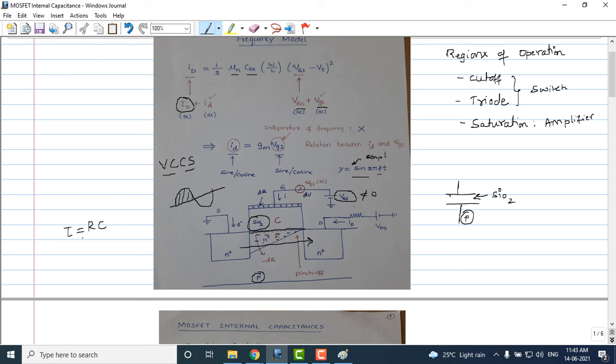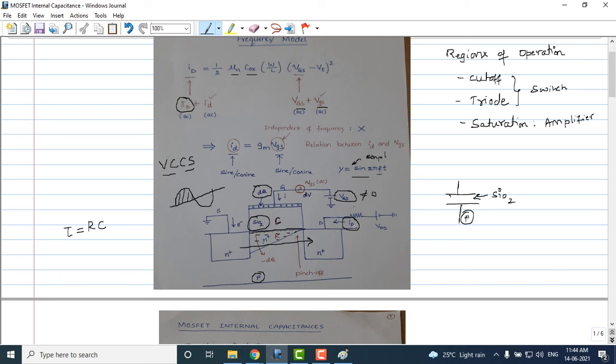And these two components, especially the capacitance, depend on the frequency. Any change in the AC signal frequency or magnitude changes the DQ. When DQ changes, capacitance also changes. When this R and C keep changing, definitely this ID will also be changing.